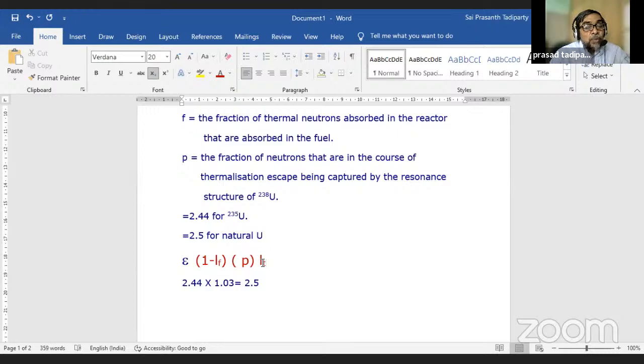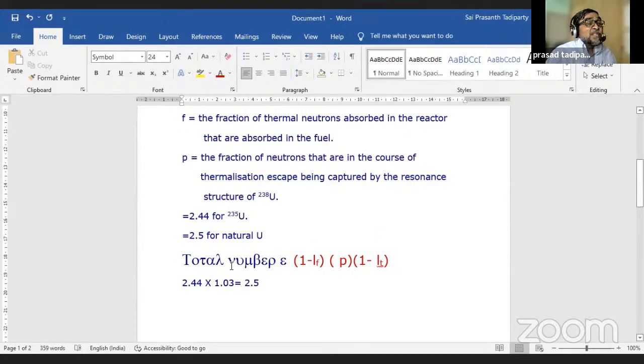So this leaves behind in the reactor a total number of nu epsilon 1 minus LF into P into 1 minus LT. If LT is leaked out, only 1 minus LT remains. So this is the factor which will remain.